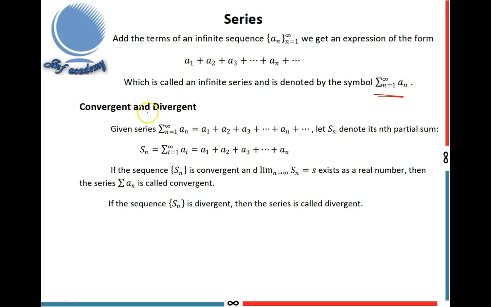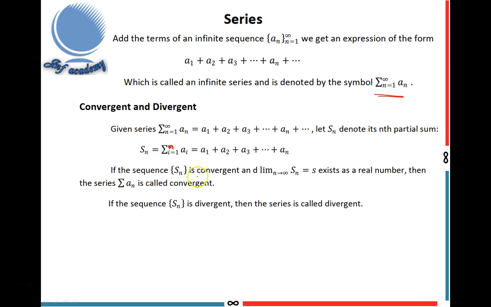Next, what is a convergent and divergent series? Given the series sigma n equal to 1 to infinity an, let Sn denote its nth partial sum. That means Sn equal to sigma i equal to 1 to n ai, which is a1 plus a2 plus etc. an. The sum of the first n terms is called Sn.